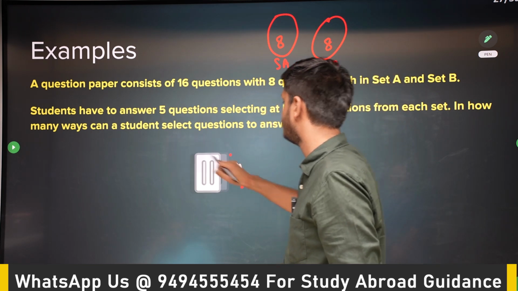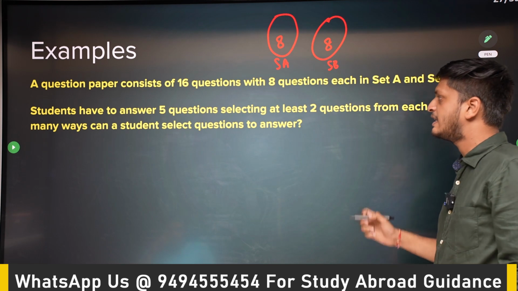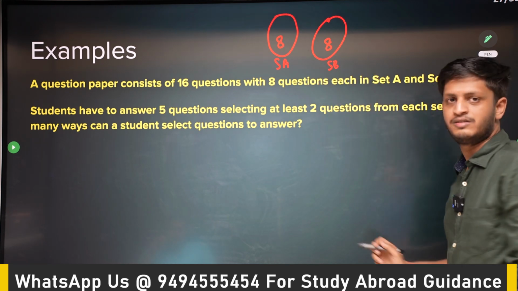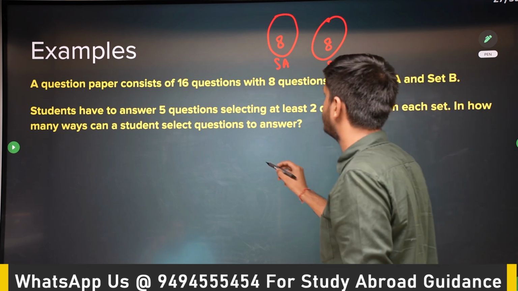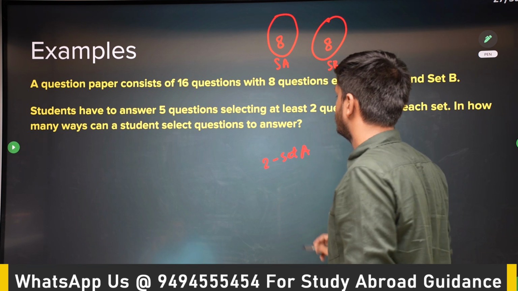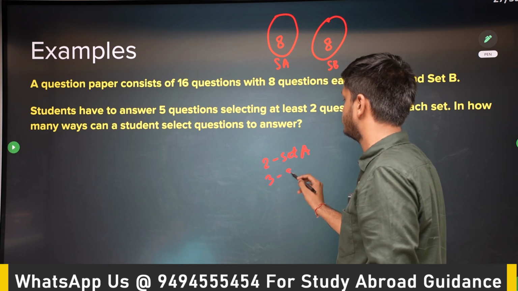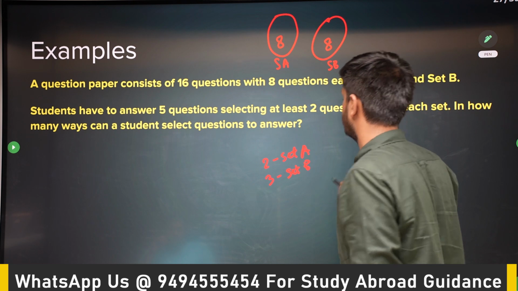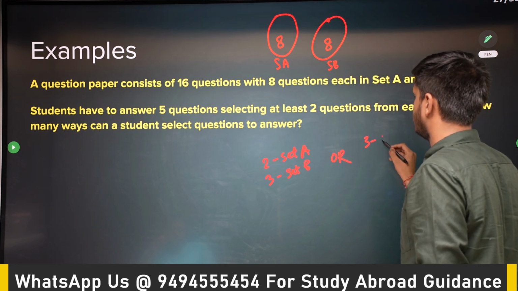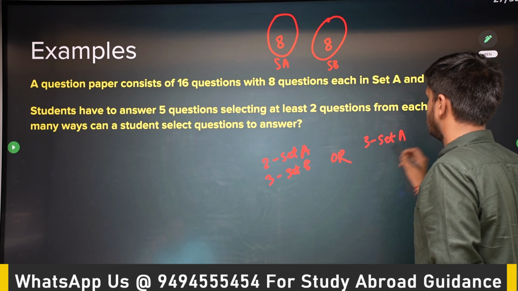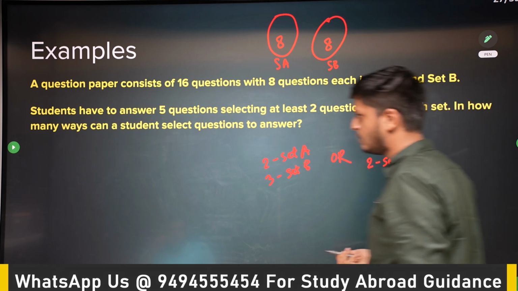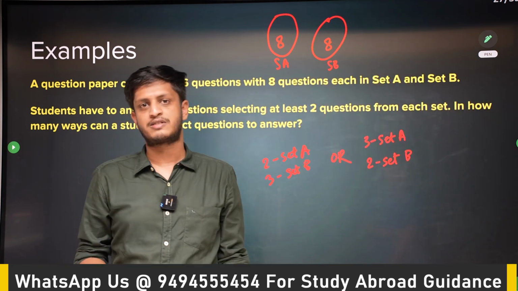Here we have to select at least 2 questions from set A and at least 2 questions from set B. So basically either you can select 2 questions from set A and 3 questions from set B, or you can select 3 questions from set A and 2 questions from set B. These are the only 2 possible ways you can accomplish this task, right?